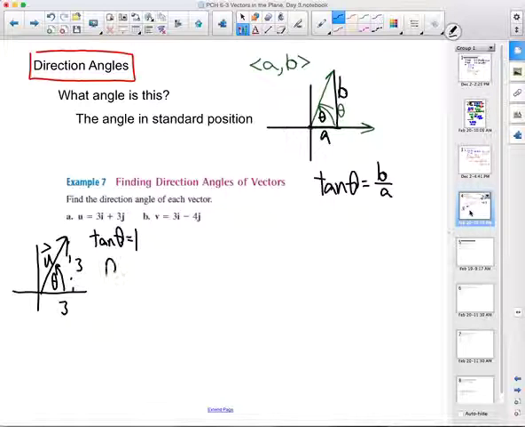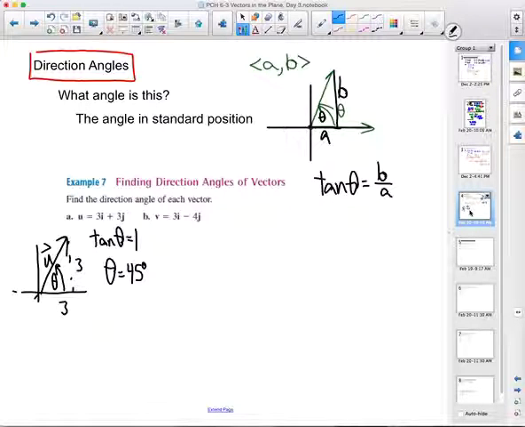What does theta equal? 45, okay? Now, technically here, guys, it equals 45 or 225. But this is where you've got to look at your vector. Which one should it be, 45 or 225? 45, okay? If it were 225, that would be the vector -3, -3. Go in the opposite direction, alright?